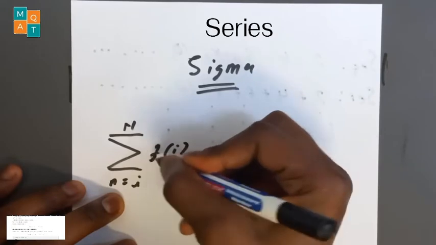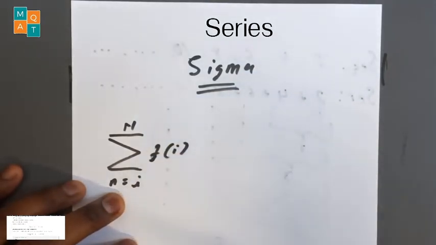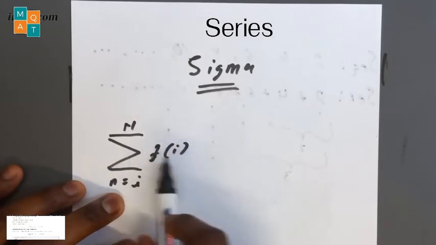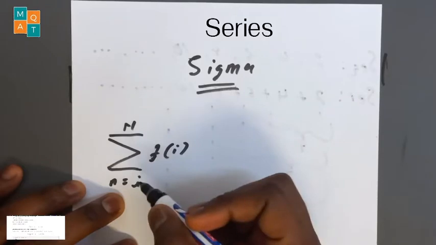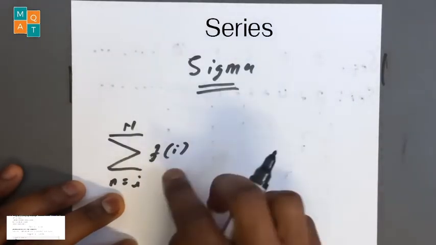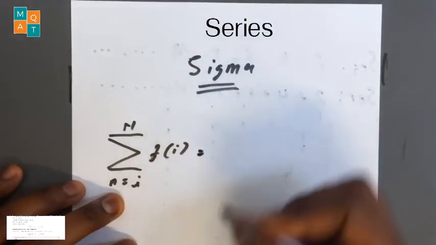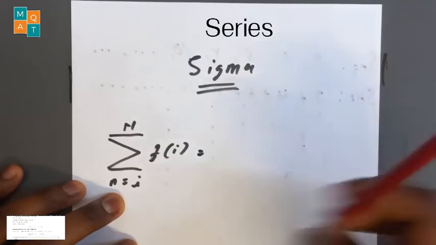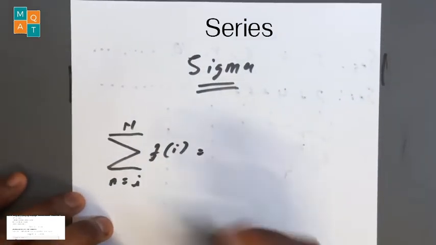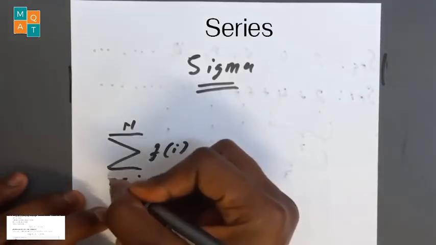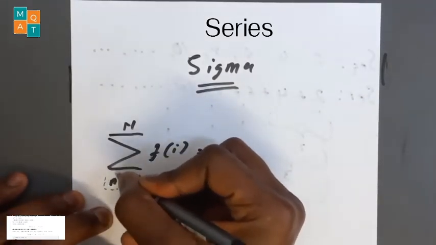I want you to understand something here: when I say some function of i, I'm just saying it's some function that contains i inside. If you have to expand this, or describe this equation, because it can be a little bit tricky if not well explained, this n is actually what keeps track of what's going on here.